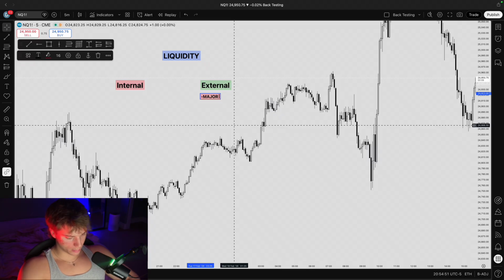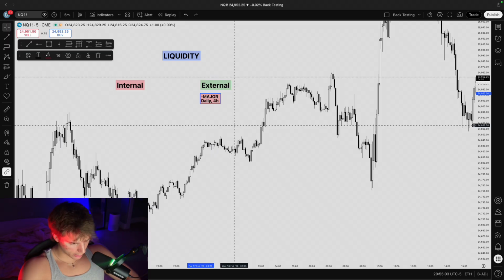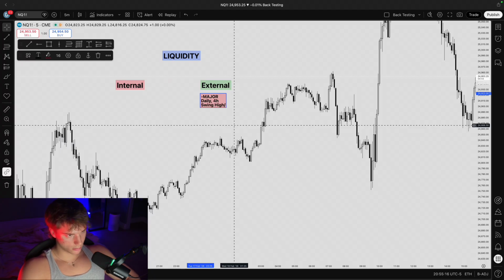So it's going to be your higher time frames. So it's going to be the daily and the 4-hour time frame, or the weekly or the monthly, anything above the 4-hour time frame. And it's going to be swing highs, swing lows. So swing high slash low, or daily high slash low.